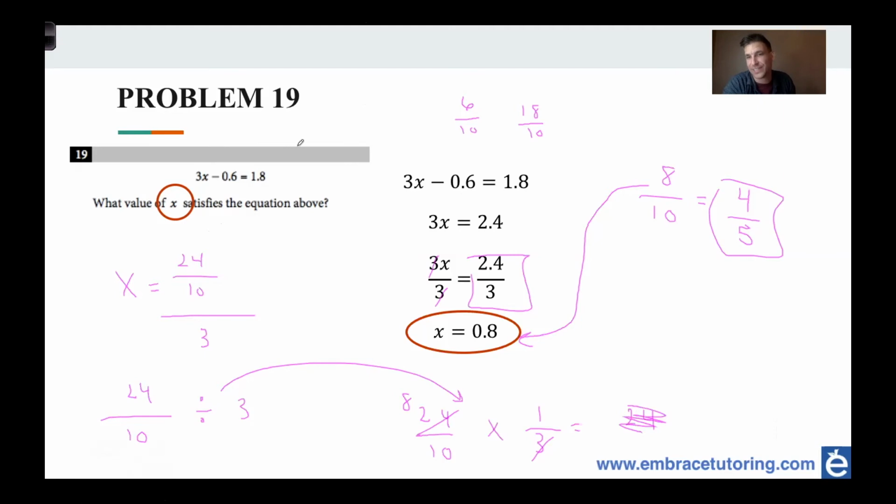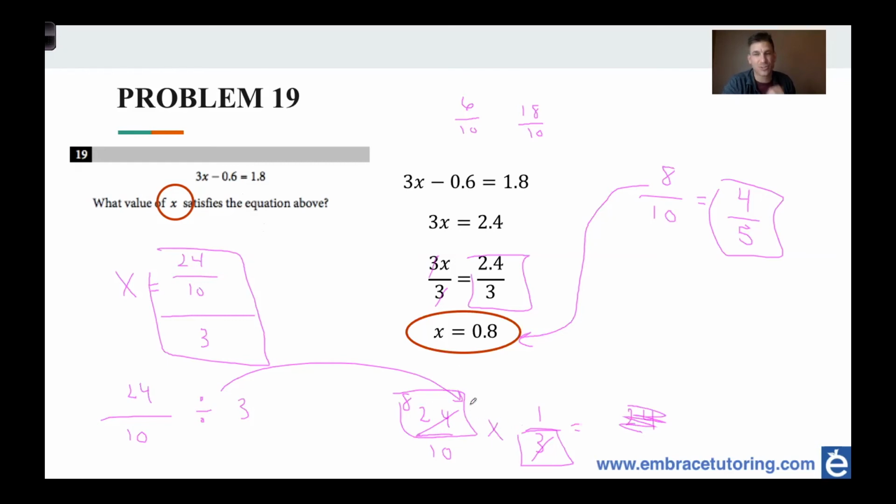It depends on how you feel. I personally tend to convert everything to fractions, and here's the reason why. Because if you think in fractions, you can simplify. And I tend to refer to everything in fractions for the non-calculator section. Let me specify. If I'm in the calculator section, I'm going to use my calculator as an advantage, because it saves me time. But in the non-calculator section, I'm looking to simplify first.